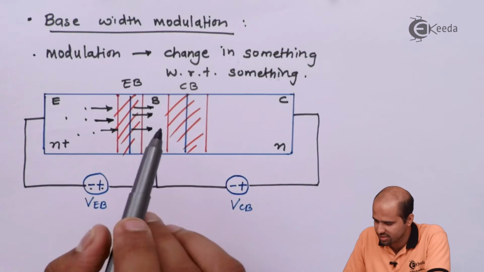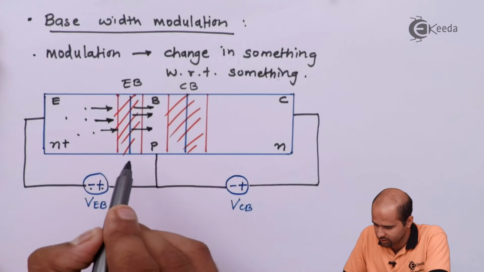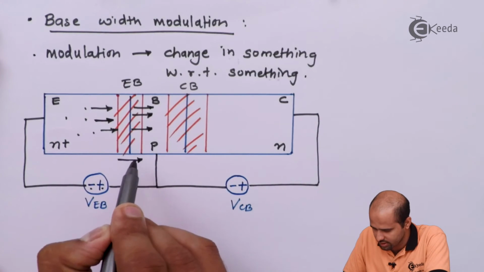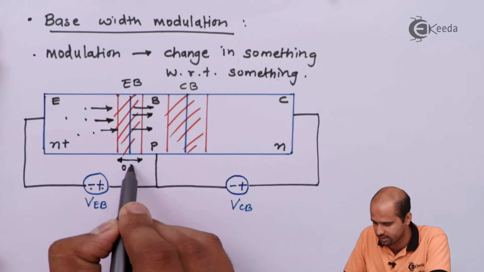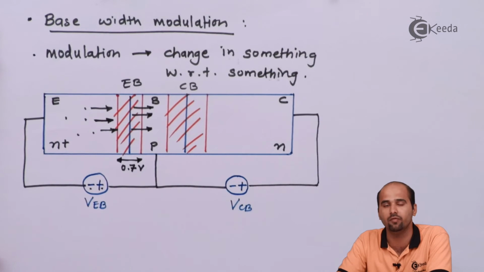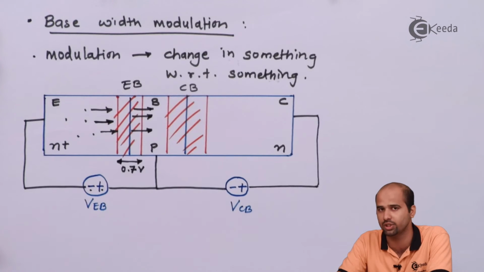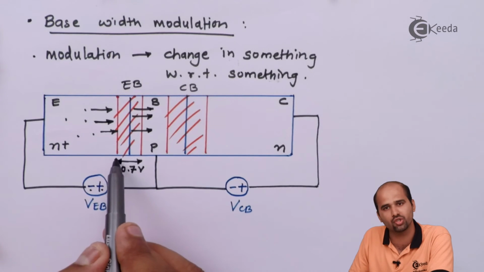Okay, as these electrons are here, right, this width will not change once it is forward bias. In the case of silicon, I can say this is 0.7 volts. That is nothing but the barrier potential of the EB junction. Now as I am changing this VCB, this is constant.